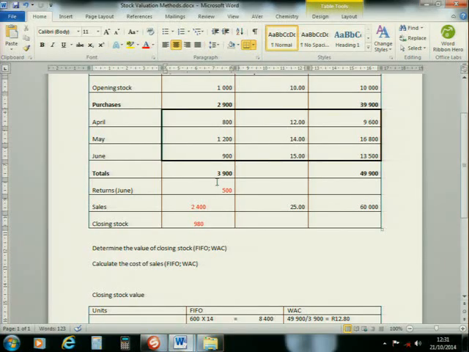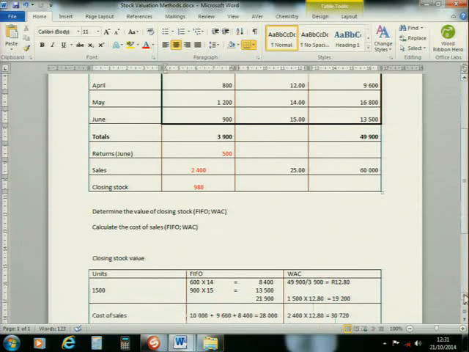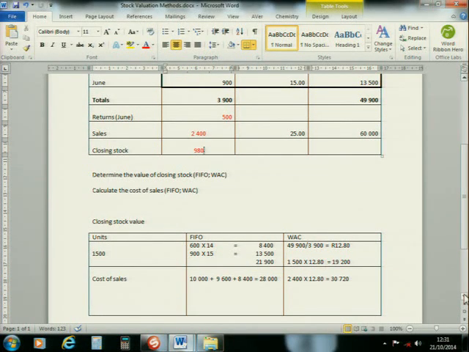Given this kind of information, you may be required to determine the number of units missing or lost. In this case, what you need to do, you say these are the total units bought, minus units returned, minus units sold, and minus units remaining. Then that will give you the number of units lost or missing.